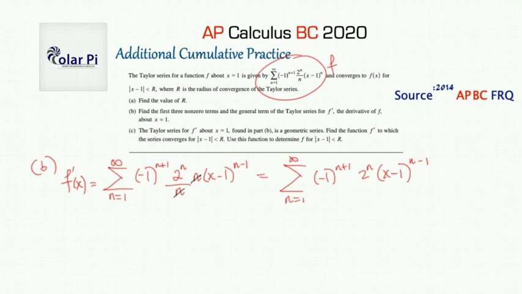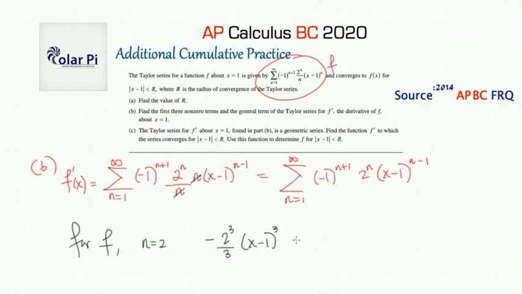So for f, when n equals 2, what we have is, well, we're only looking at a single term, so we don't need to look at sigma. -1 to the third, so it's going to be negative, and then it's going to be 2 to the third over 3, and then it's going to be x minus 1 to the third. Take the derivative of this. What are you going to get?